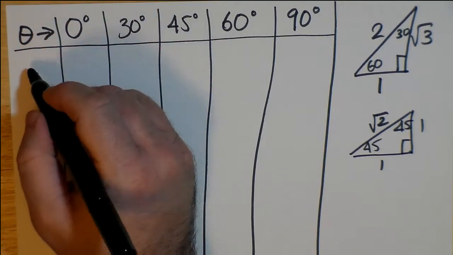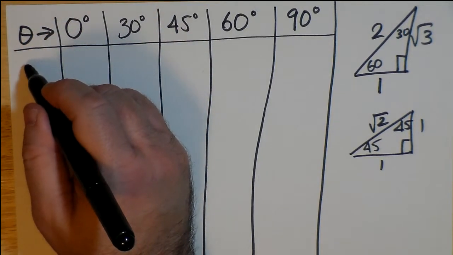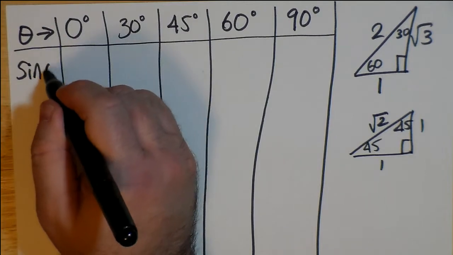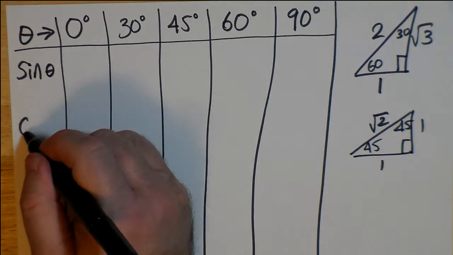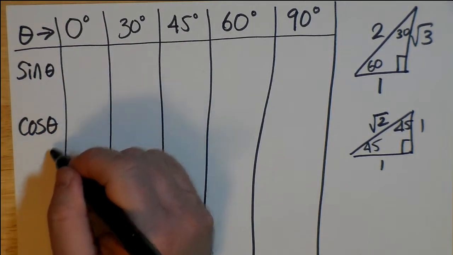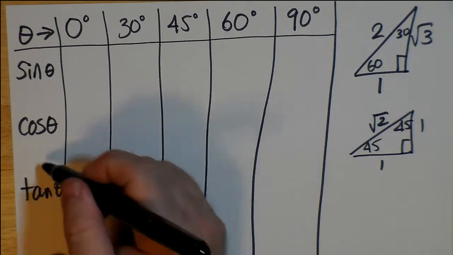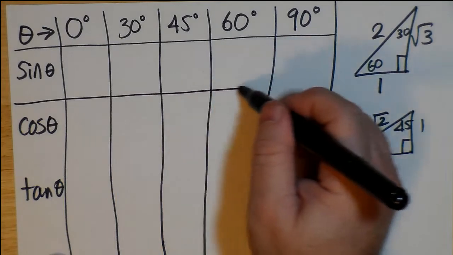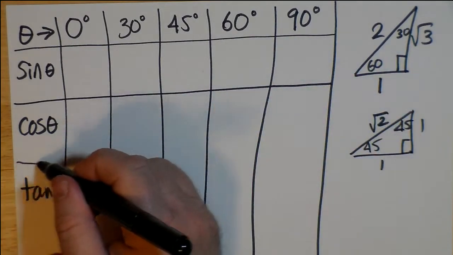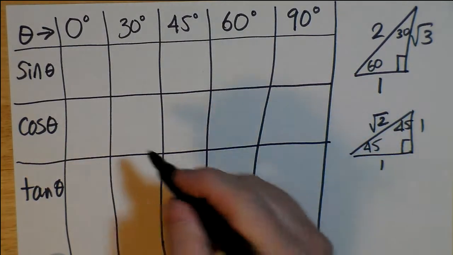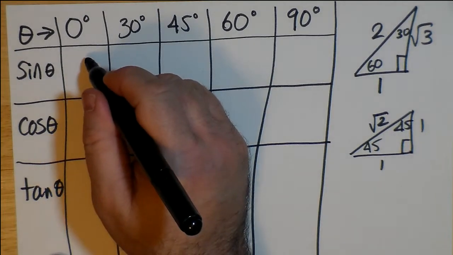Well, let's say that we have, let's work with theta in degrees for now. And let's make a table: sine theta, cos theta, and tan theta. And let's just divide the table up into the 3 rows according to the trig ratio that they happen to be associated with.